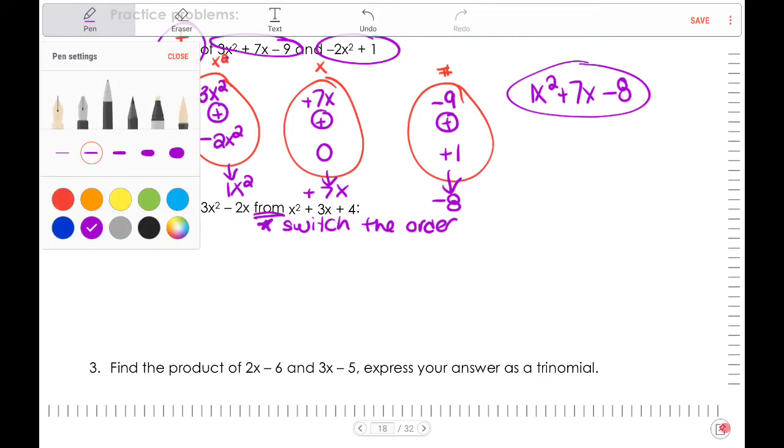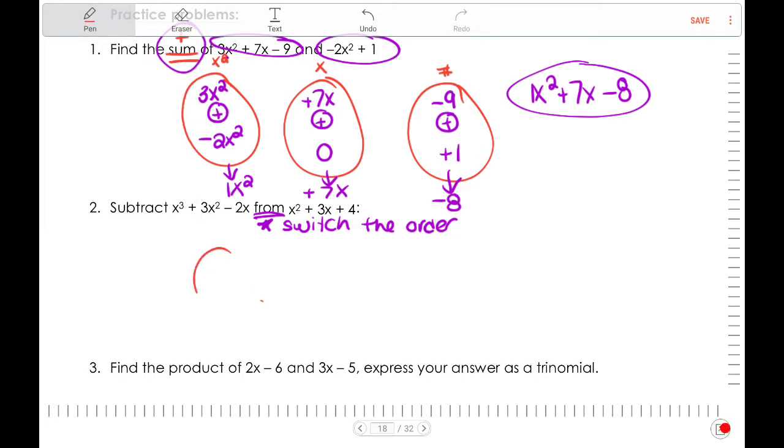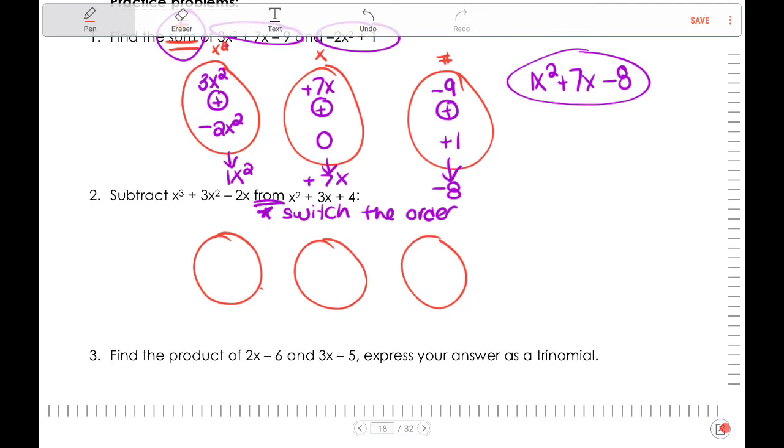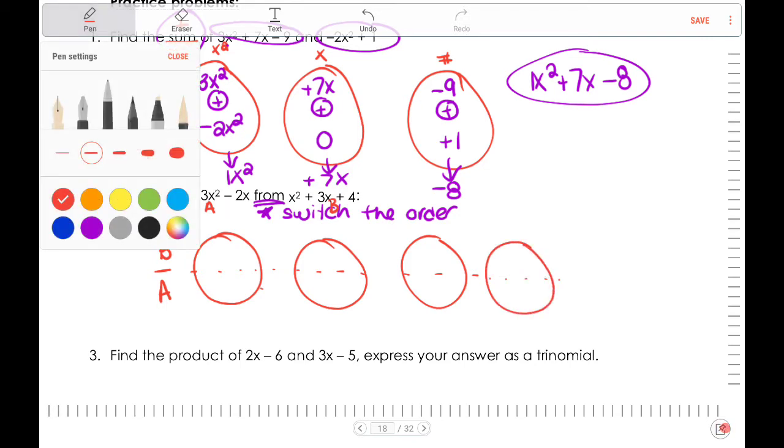So when I make my like term bubbles, if I am dealing with, let's say we called this one A and this one B, if I am subtracting from, if we remember, I'm going to do B, take away A. So when I make my bubbles, I'm going to need to do those backwards.